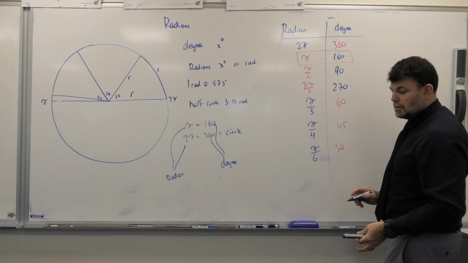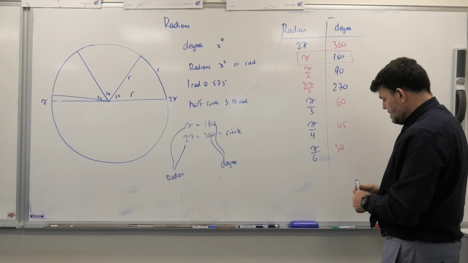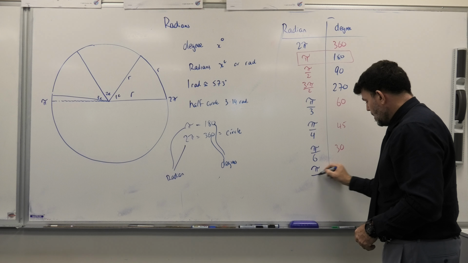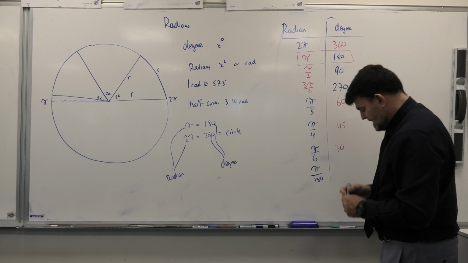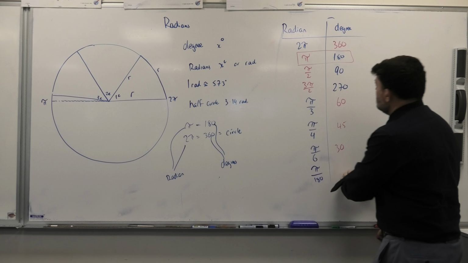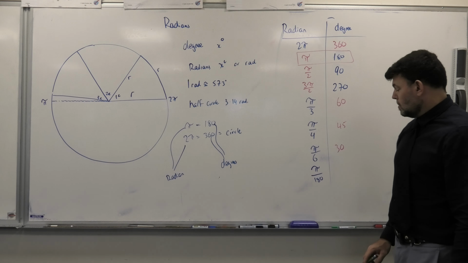So if we look at this a little bit further, if I had pi on 180, what would that be in terms of degrees? Well, I've got 180 divided by 180, so I've got 1 degree. And if I had that vice versa, I could work out what's going to happen.